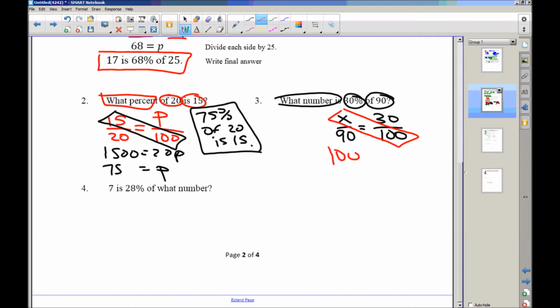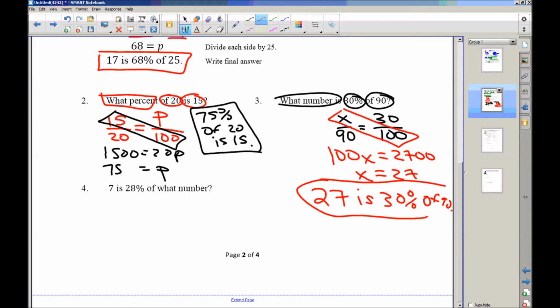So this is 100x equals 2700. Divide both sides by 100, and we're going to get 27. So then we can just replace "what number" with 27. So 27 is 30% of 90. There's our sentence answer.